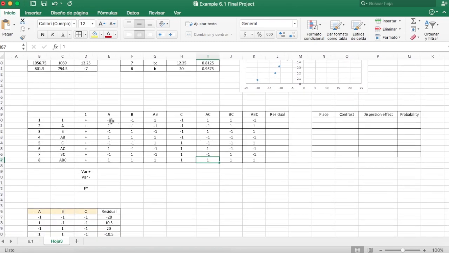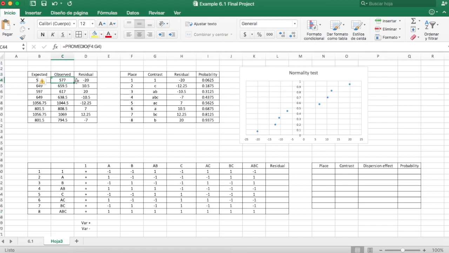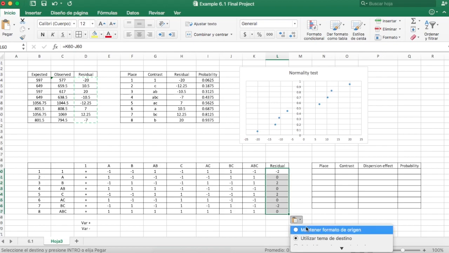For the interactions, you just multiply each of the values, and then you copy the residual according to the factor or the interaction.